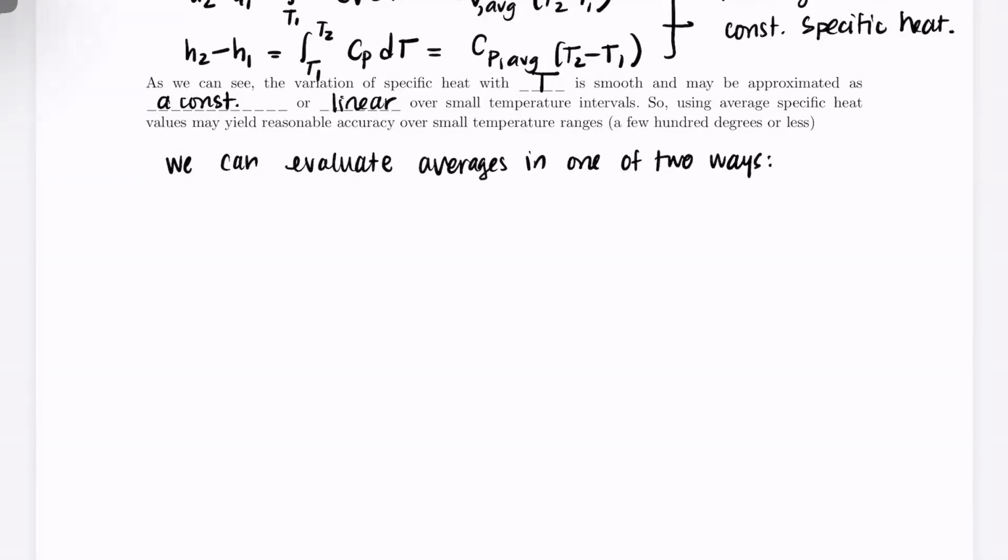All right, so the first way is that we can evaluate CP or CV at the average temperature.